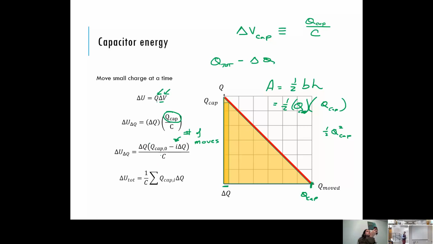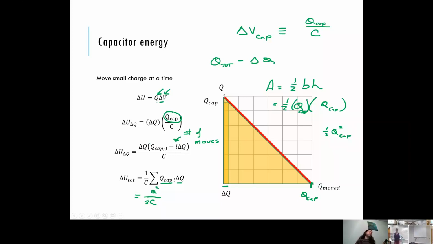So I say, okay, well, the charge of the capacitor times the charge I'm moving, and I thought that I had 1/C in here, so I'll just write it in. Let me rewrite it. I'll say Q squared over 2C. That's the total amount of energy.